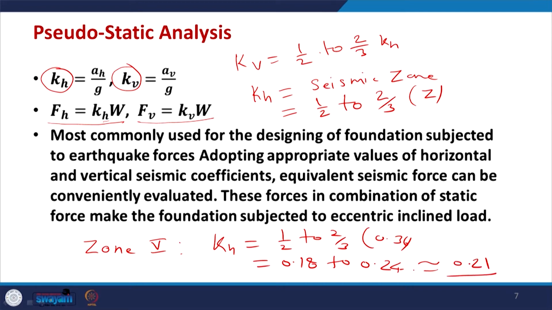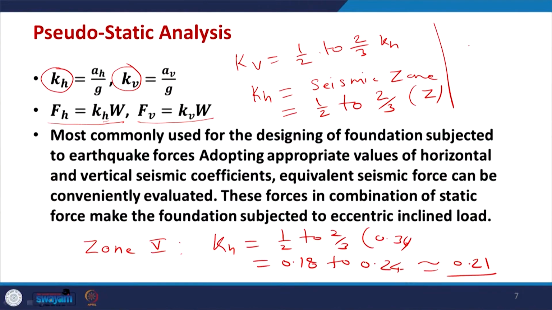This is an approximate value for KH, and it is quite severe. Taking KH more than that will be very conservative. So, KH on the higher side is typically taken as 0.2. On the lower side, in the medium zone, KH is 0.1.